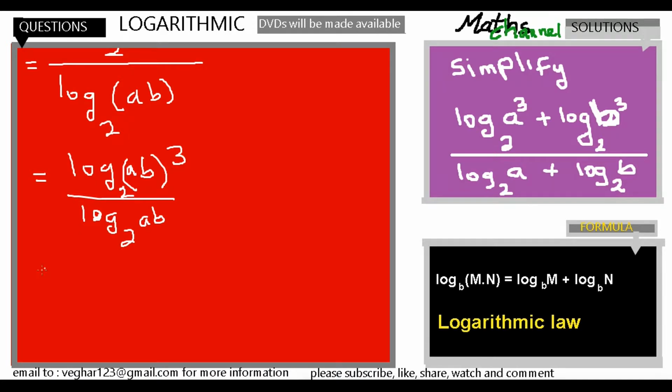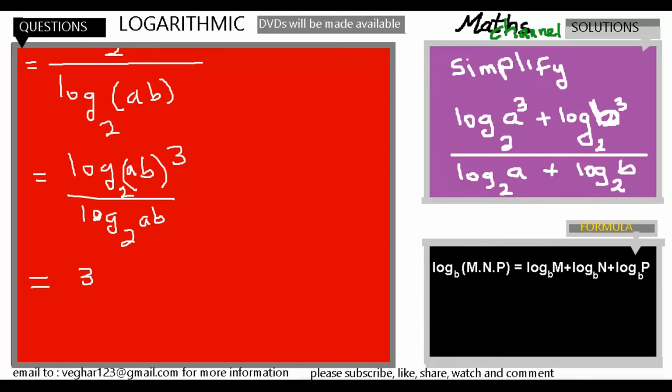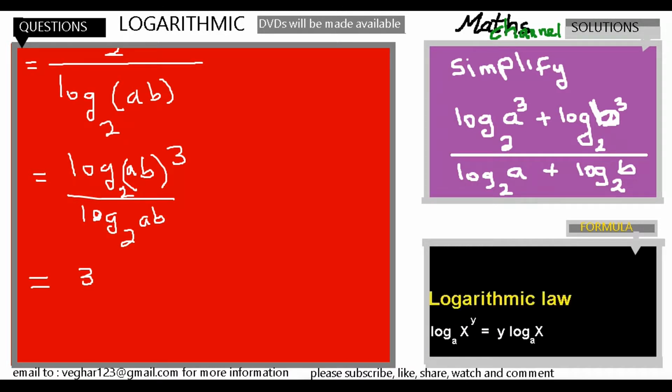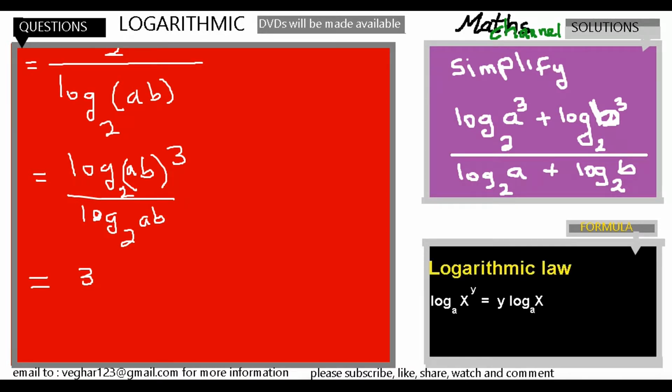Then taking 3 to the other side. So we are using this law. Using this law, we are taking the power to the side.